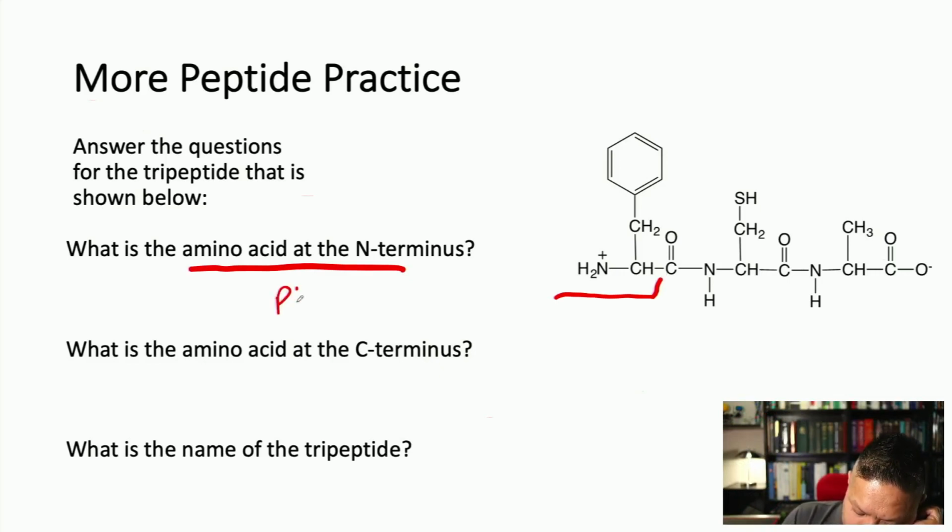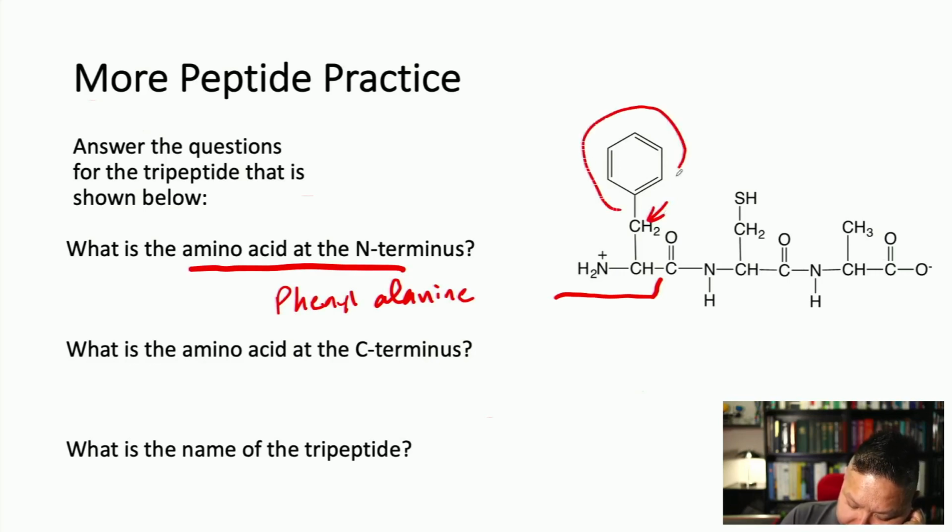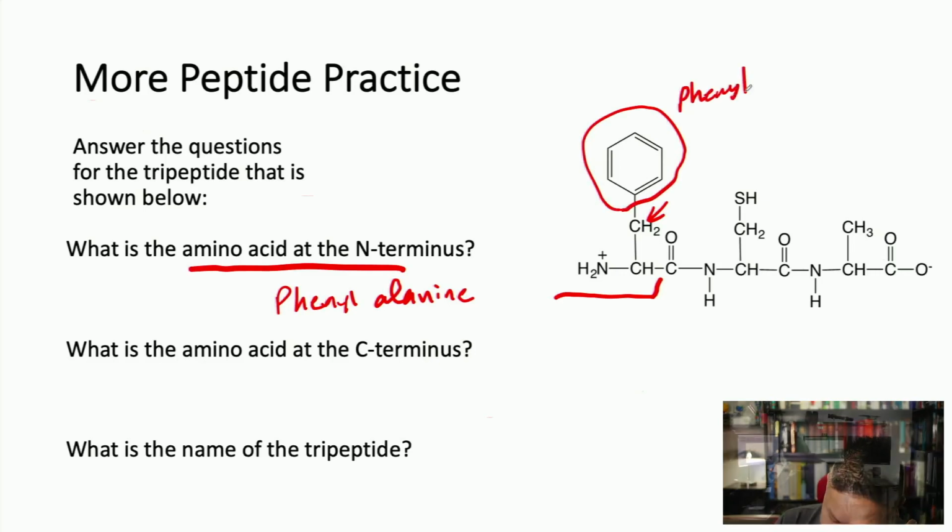The N-terminal amino acid is phenylalanine. You know that because remember, an alanine has just the CH3, or methyl group, and then you add on a phenyl group. So that's phenylalanine.